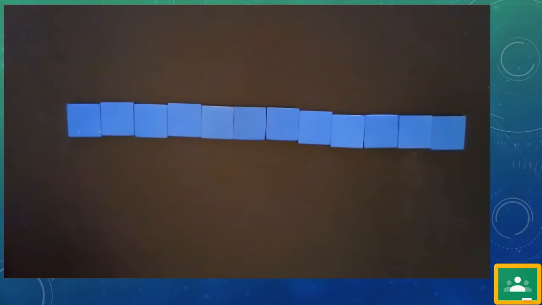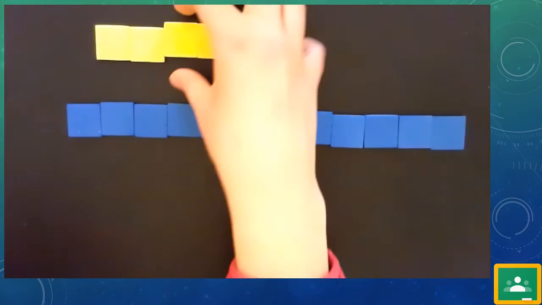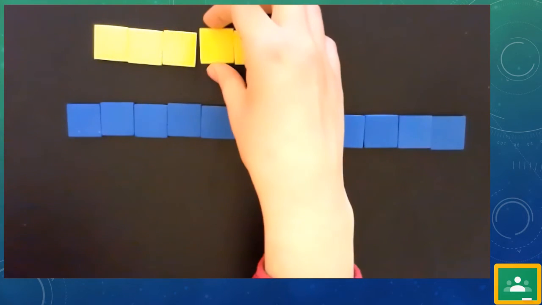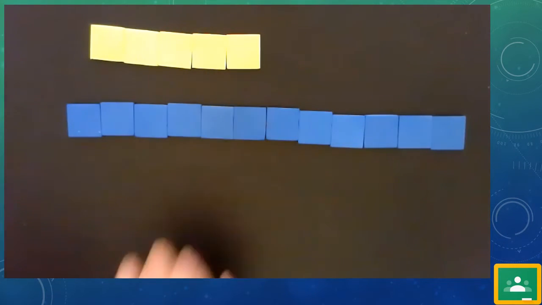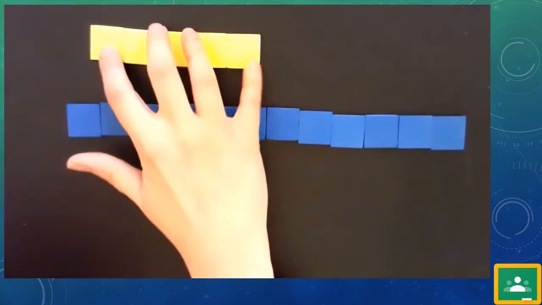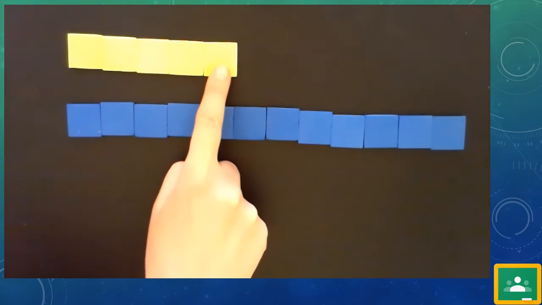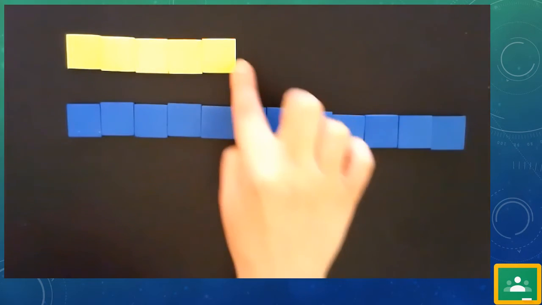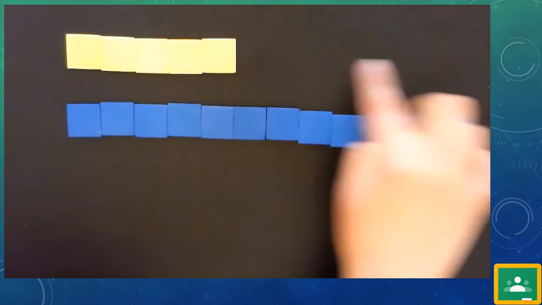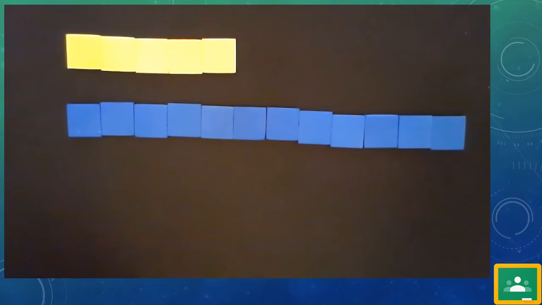So when you are working with how many more, you are looking at two groups or more to compare them and to see how they are different. So how many more talks about this space from where one group ends and the other group ends. So this blank space where nothing is there, that is how many more.